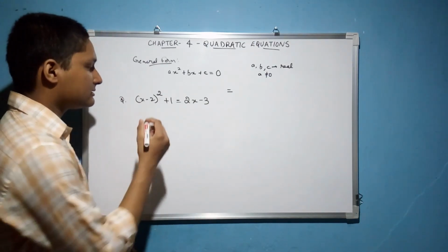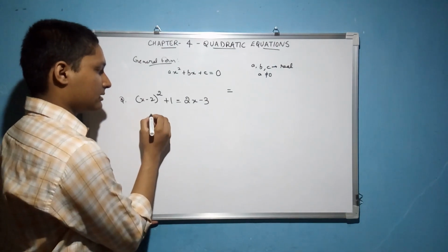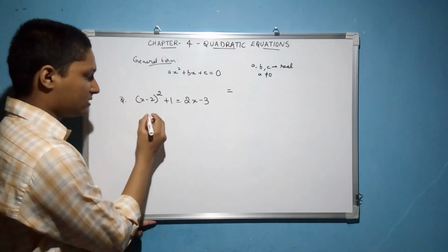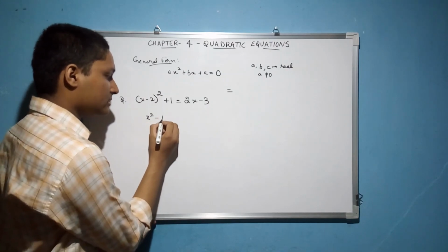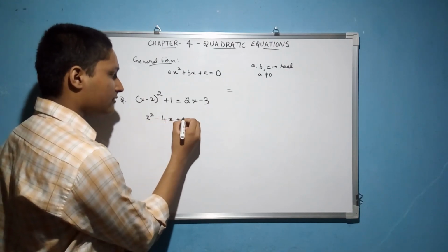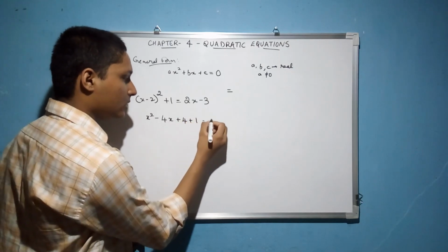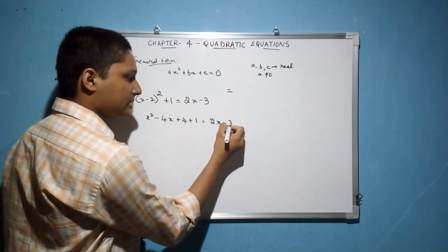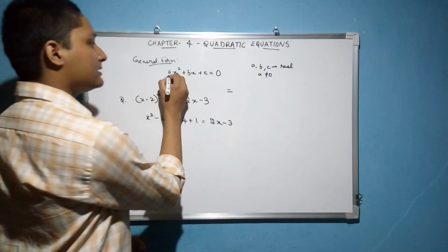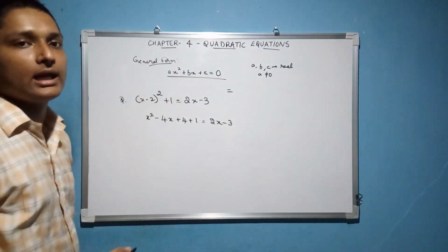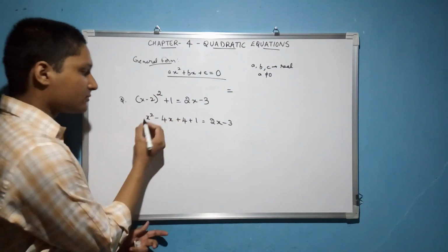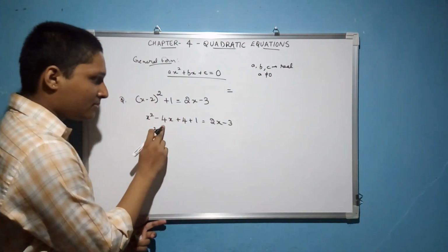So you can write this: I can expand (a minus b) whole square, that is a square minus 2ab plus b square, so x square minus 4x plus 4, plus 1 is equal to 2x minus 3. Somehow I need to get the general form, where a, b, c are real numbers and a is not equal to 0. You have x square here, minus 4x.